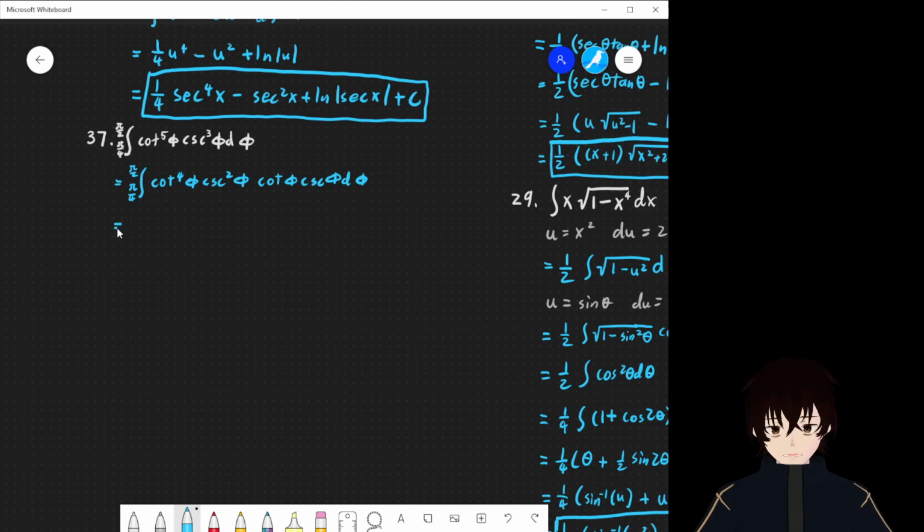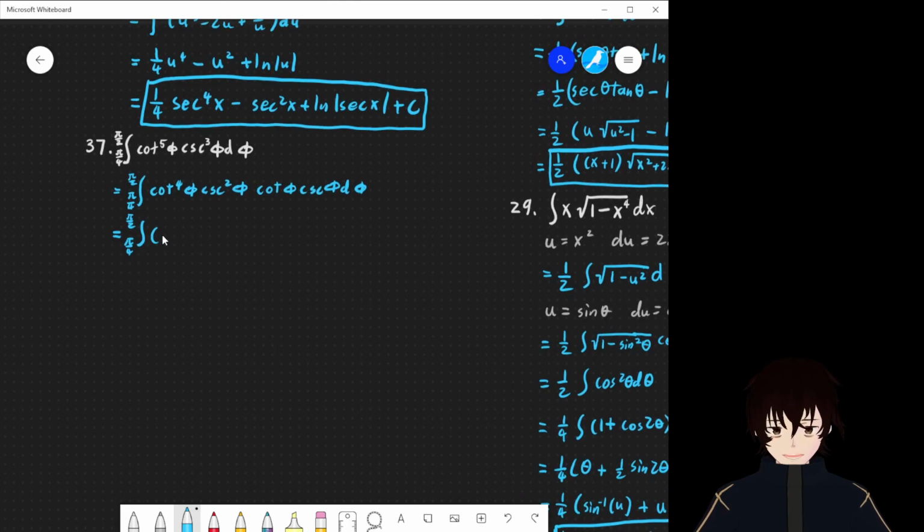We take the integral from pi over 4 to pi over 2 of... No, not 1 minus. Undo, please. Microsoft Whiteboard is really laggy today. We get cosecant squared phi minus 1 squared times cosecant squared phi times cotangent phi cosecant phi d phi.